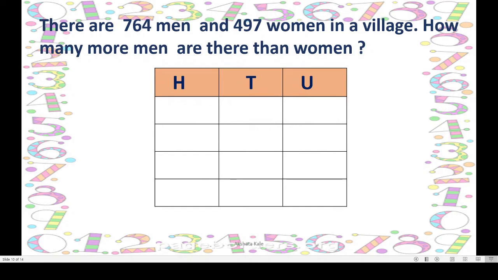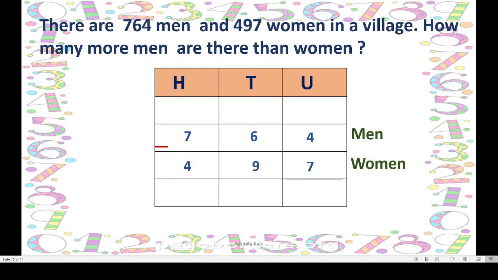Okay. Now we will write 764, that is men, minus 497, that is the number of women. Right? Now we will subtract the numbers in the unit place. 4 minus 7, not possible.